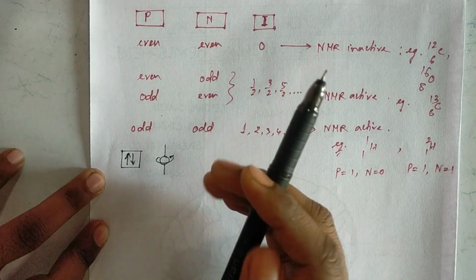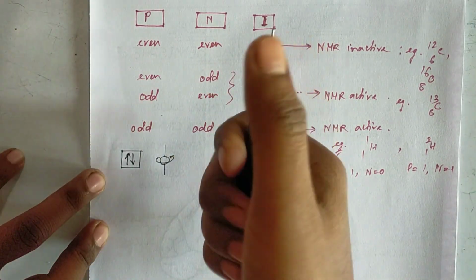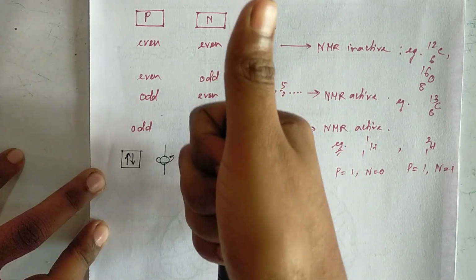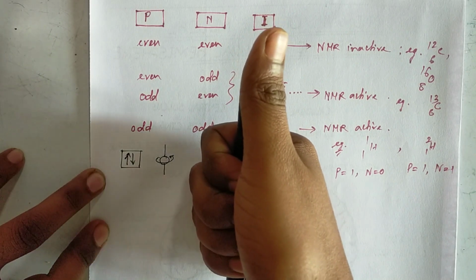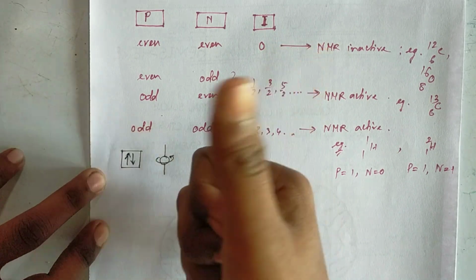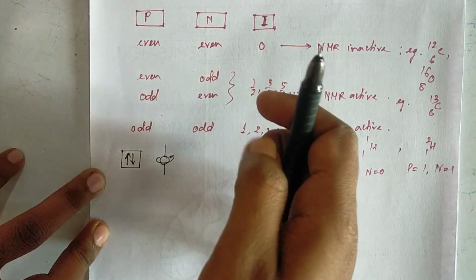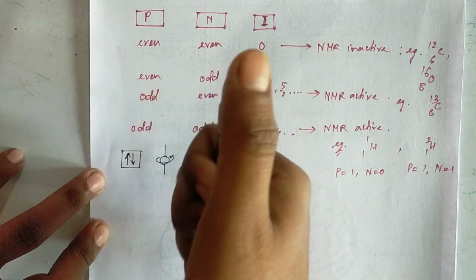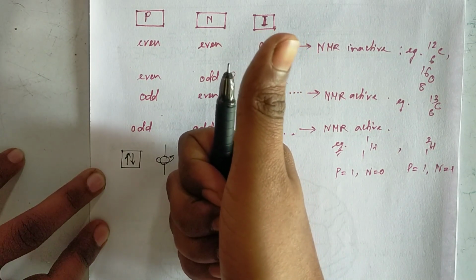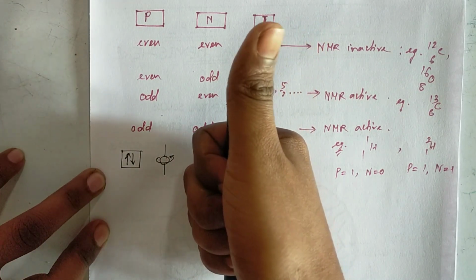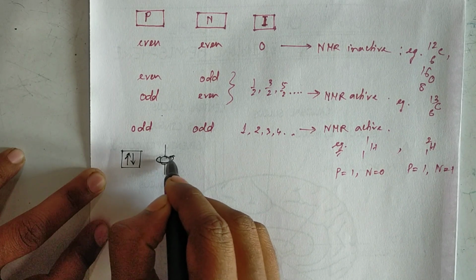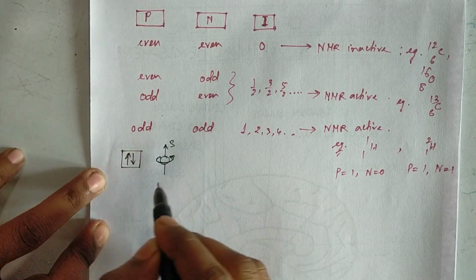In case of a nucleus, if the nucleus is spinning in anti-clockwise direction, then the north pole will be in the direction of this thumb. But in case of an electron, if the electron is spinning in clockwise direction, then not north pole, it will be south pole in the direction of this thumb. Okay, so if this is spinning in this direction, the south pole will be here and the north pole will be here.